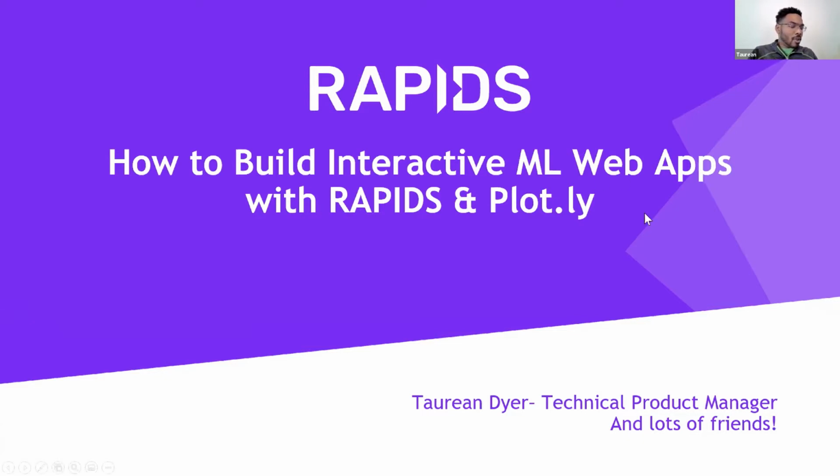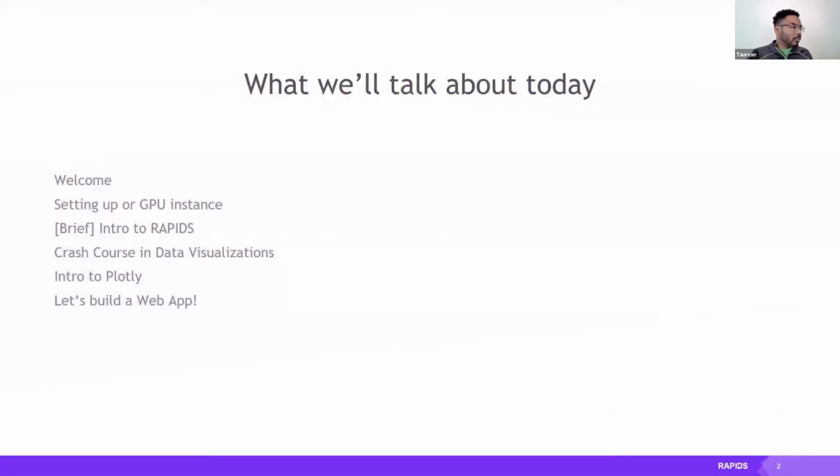So it's not just myself talking today, we're going to have a few guest speakers as well. And let's just get to it. So today we're first going to set up our GPU instance, and we'll turn it over to one of our special guests. We're going to have a brief introduction on RAPIDS, brief, honestly.